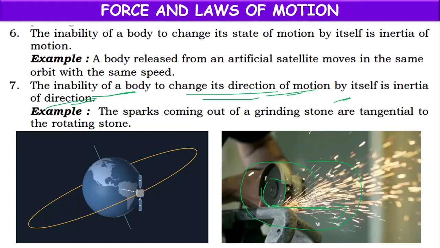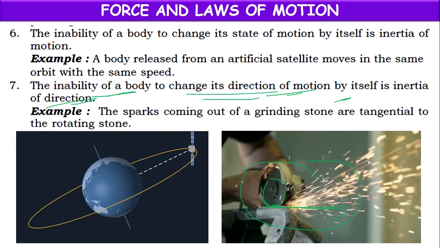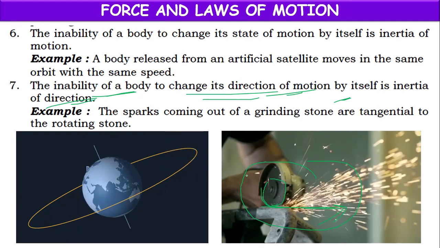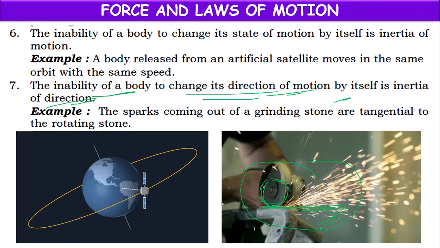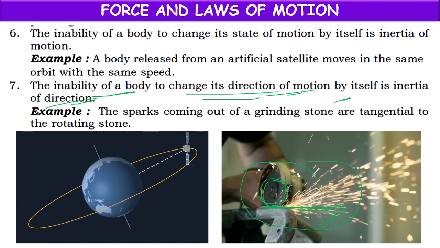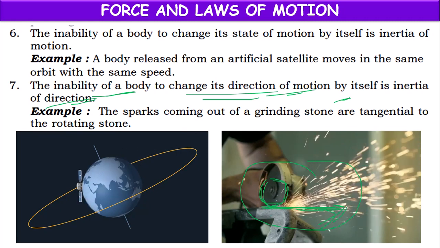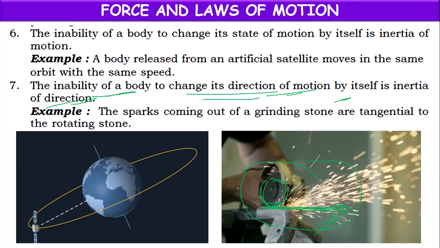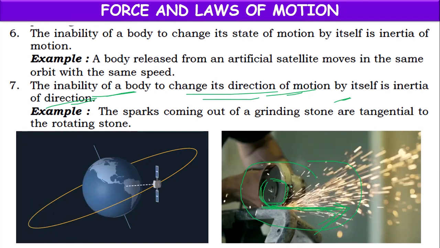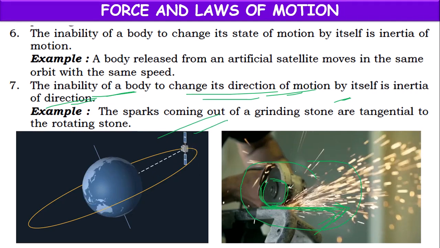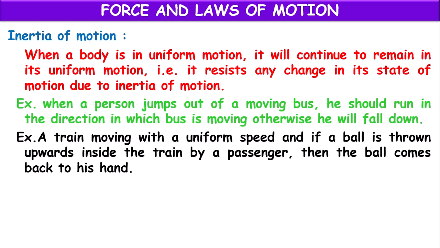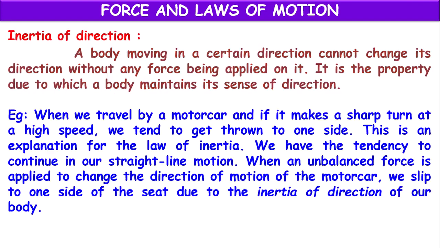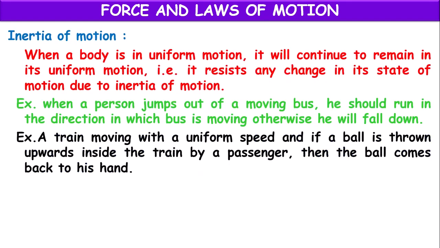When it is touching down, its direction will be along the tangential direction. The direction at the point of contact will be along the tangential direction. The sparks also try to move in the same tangential direction without any change. So like this, we have three types of inertia: inertia of rest, inertia of motion, and inertia of direction.